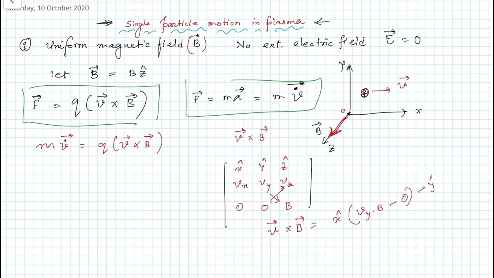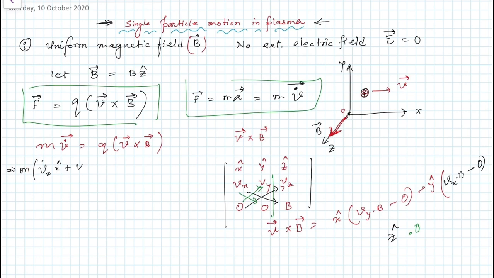Then minus y cap, vx into B, minus 0 into vz, that will be again 0. Then z cap, v into 0, so we will get 0.